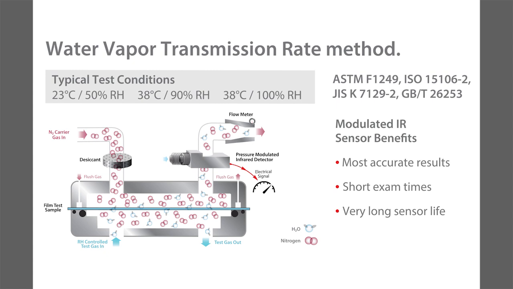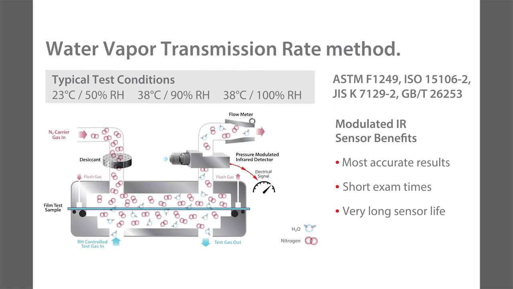But things that are really common in industry for spec sheets would be 38C and 90% RH or 38C and 100% RH. What's nice about 100% RH is it's kind of a worst case. And it's also easier to set up and control because it's a controlled system with just a sponge underneath the film and no flow.